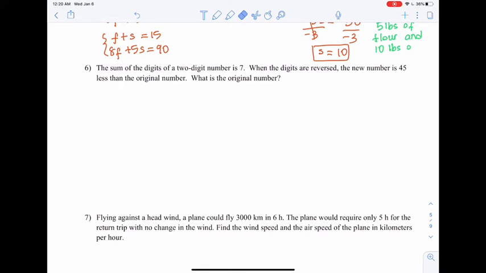I'll use T for the tens digit of the original number.